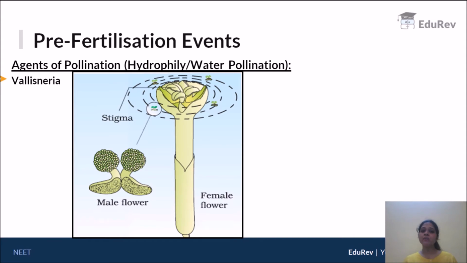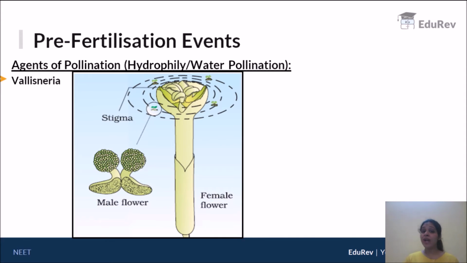Now, this particular stigma causes depressions in the water around it, kind of like a whirlpool. As the male flower is floating on that water, if it by chance enters this depression caused by the stigma, it will tilt and fall into the stigma. Since the stigma is sticky and the anther has already dehisced, the pollen grains will fall onto that stigma and pollination has occurred.